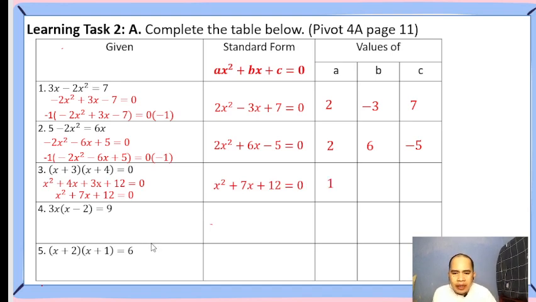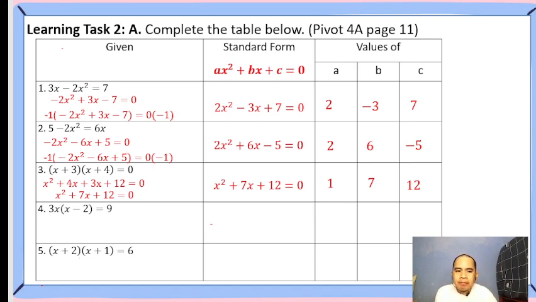Sir, bakit po 1? Okay. We always need to remember na it is understood na kapag walang numerical coefficient ang ating term, meron siyang understood na value of 1. Okay. May invisible siya na 1 dyan. The next, our B is 7. Then our C is 12.